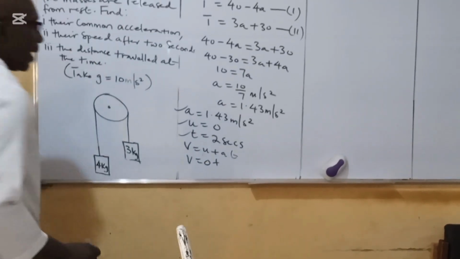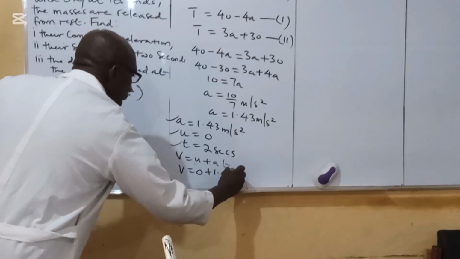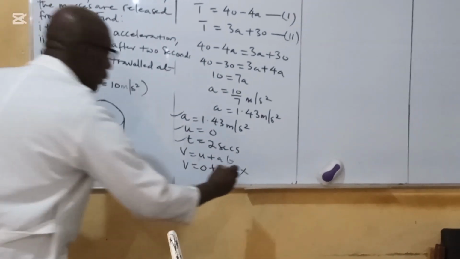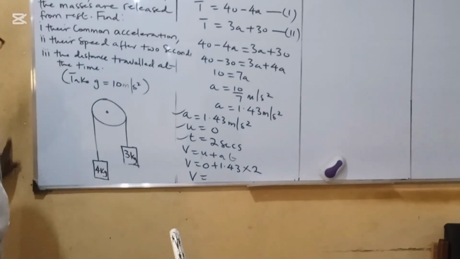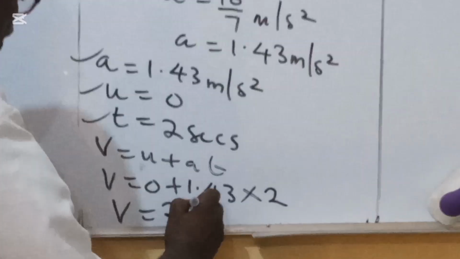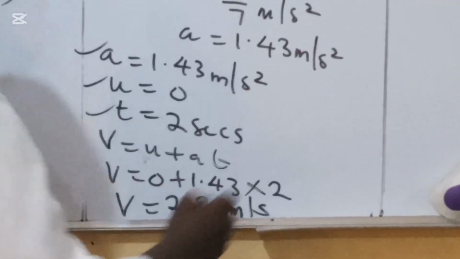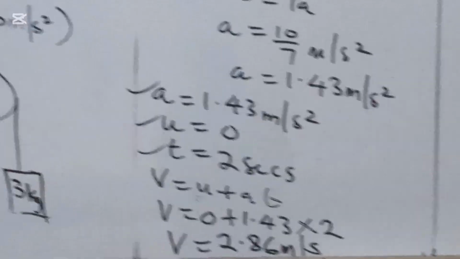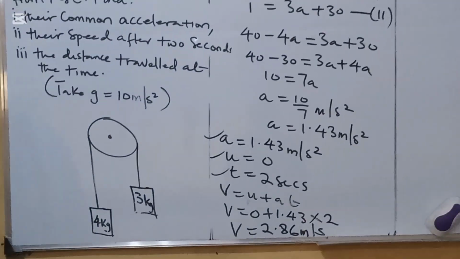What's the acceleration? 1.43 times the time, which is 2 seconds. What is our final velocity? That will give us 2.86 meters per second. Now we said their speed after 2 seconds. The speed after 2 seconds will be 2.86 meters per second.